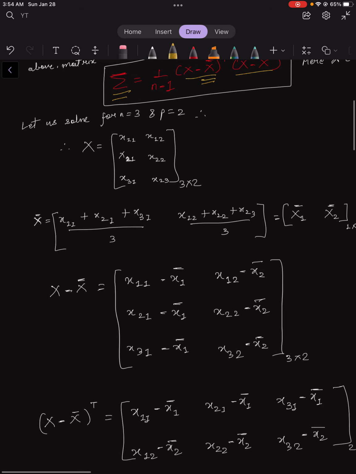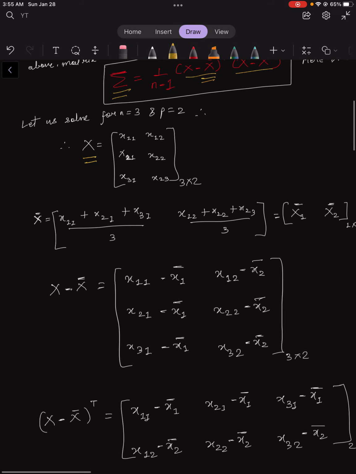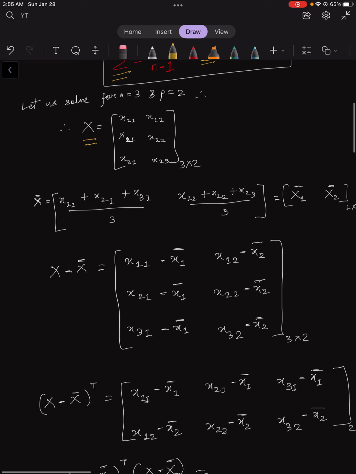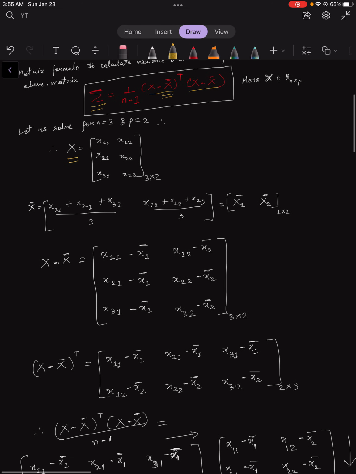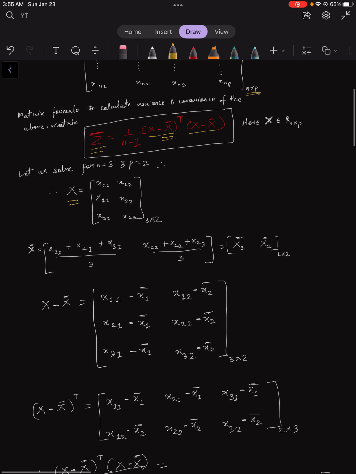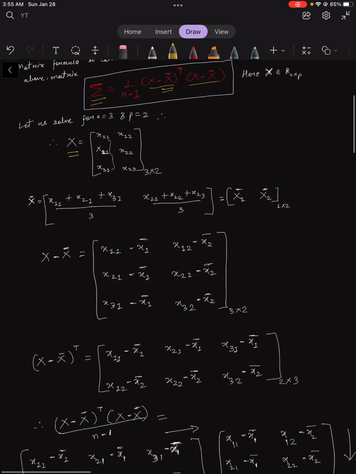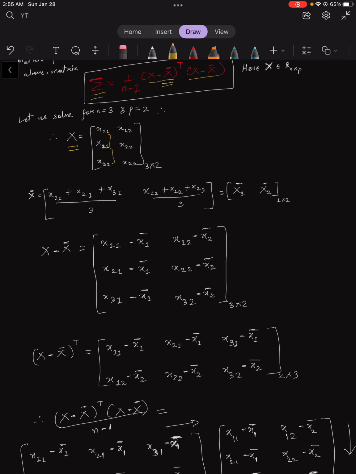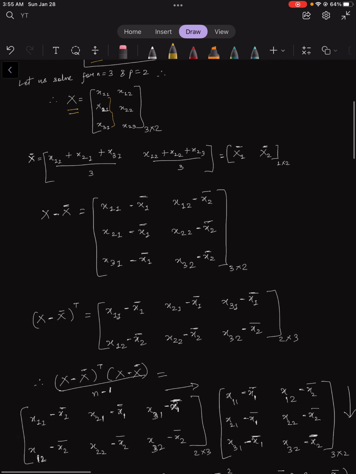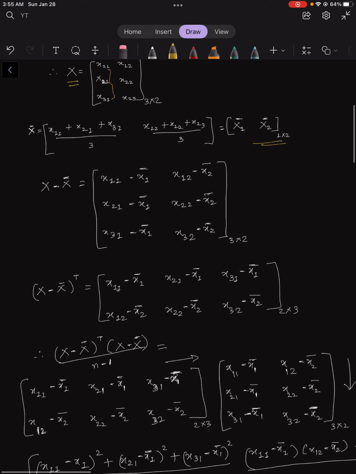As you can see, here we have the X data set and we are trying to find x bar. So x bar is calculated by adding all the values and then dividing by 3. Now if you see, the mean vector in this case is a row vector of dimension 1 by 2.